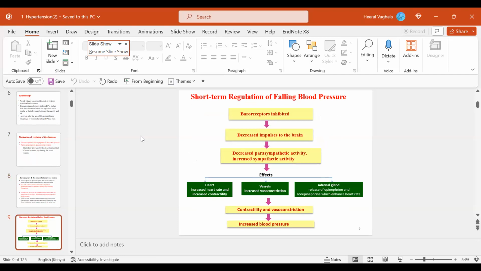So your body has this regulation system, if you have high blood pressure, it has all these mechanisms to lower your blood pressure or vice versa.